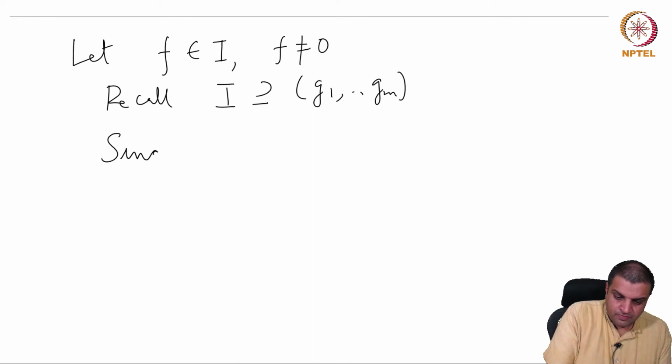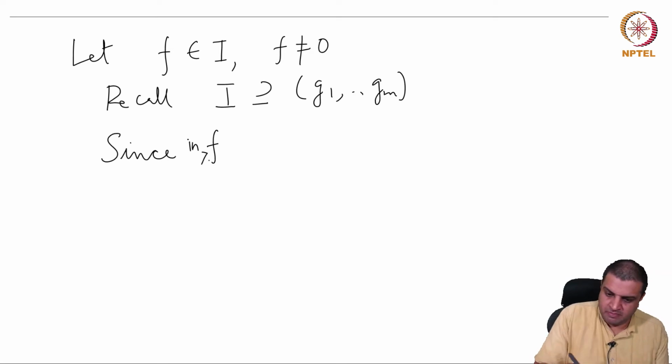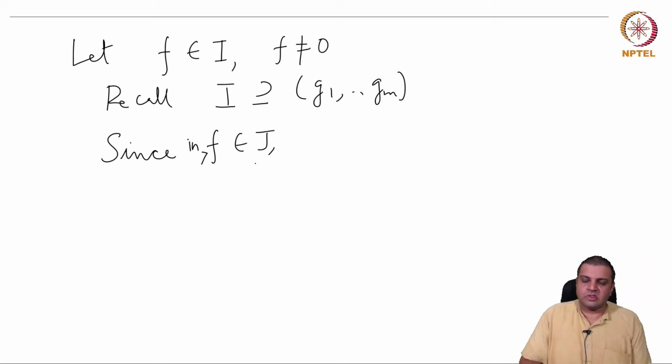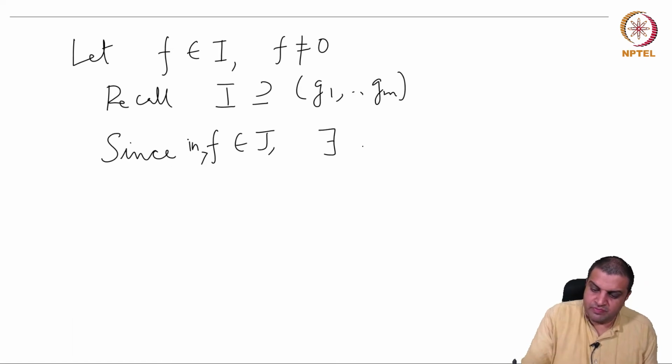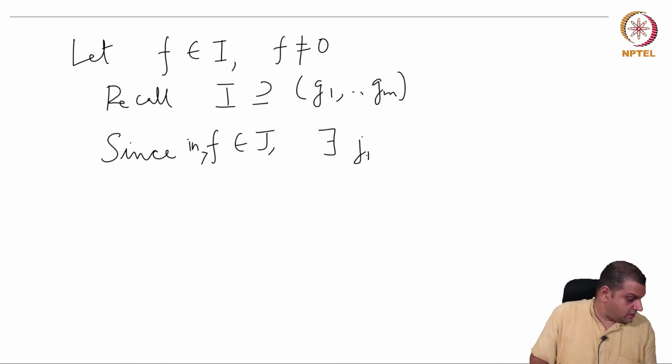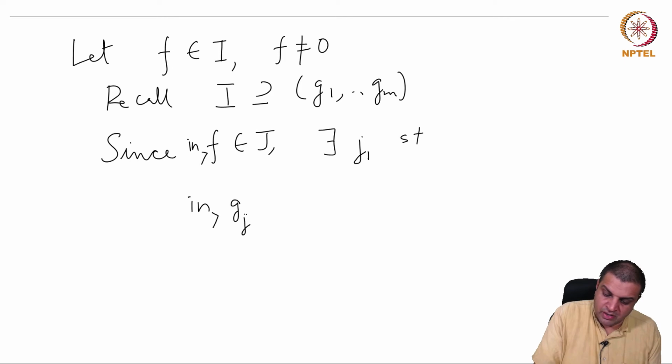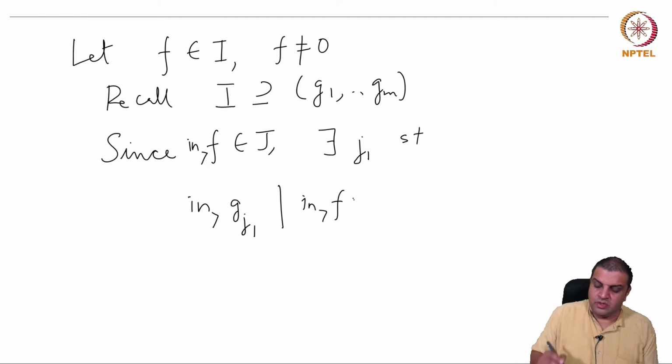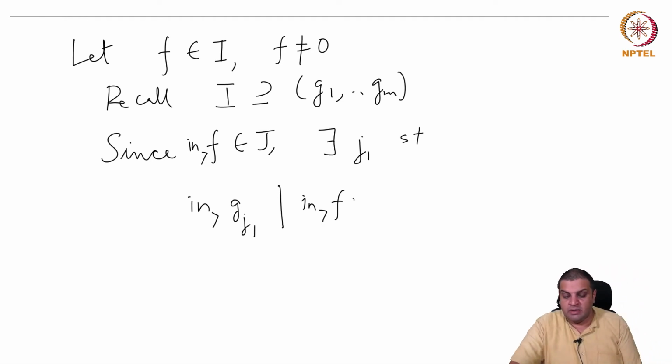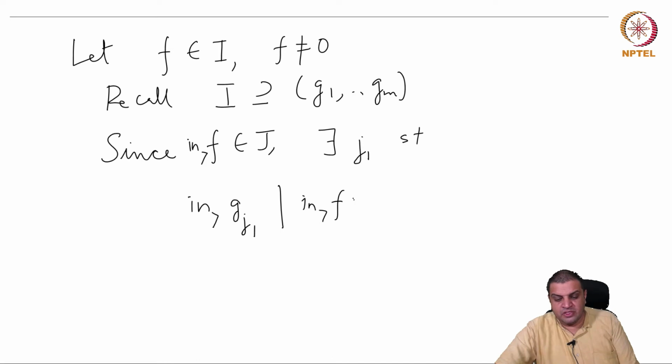Since the initial term of F is inside J, there exists a j1, index j1, such that the initial term of Gj1 divides the initial term of F. This is a property about monomial ideals and monomial elements of monomial ideals: if you have a monomial ideal and a monomial, then the monomial is inside the ideal if and only if it is divisible by one of the generators.